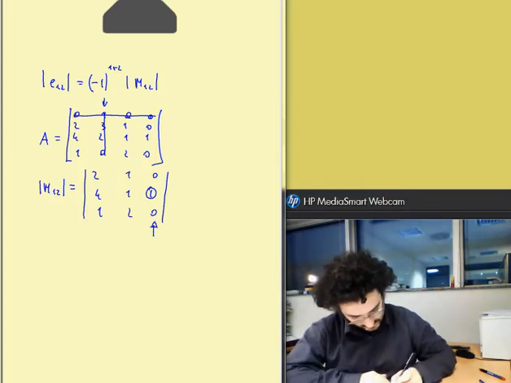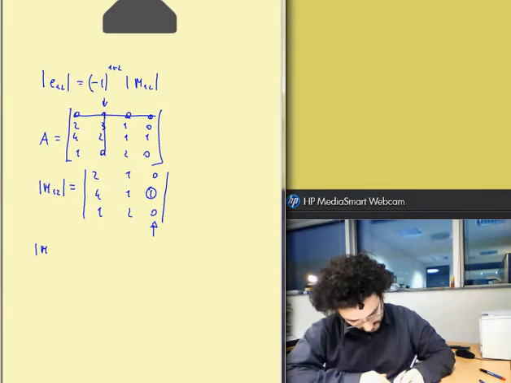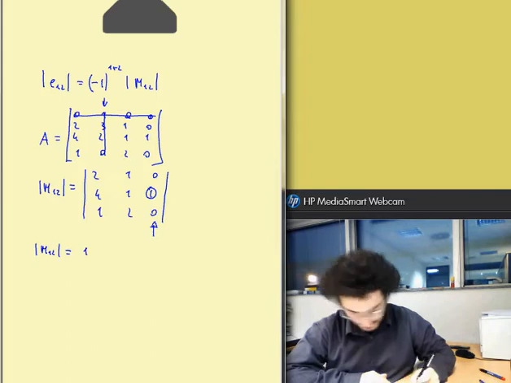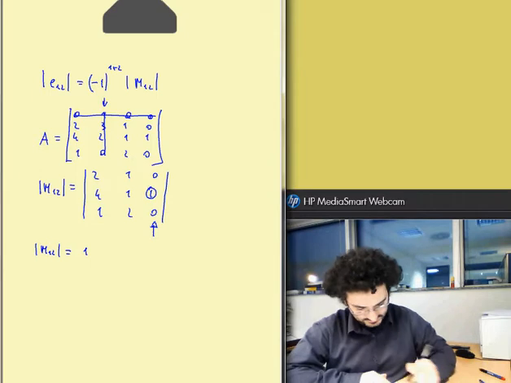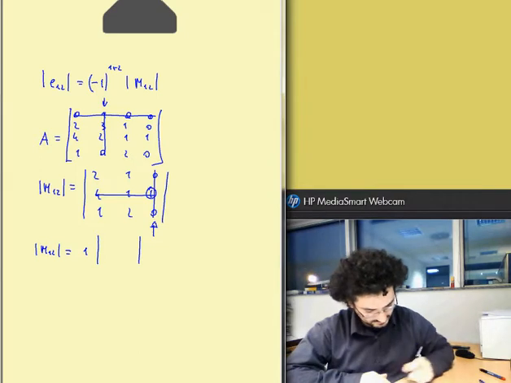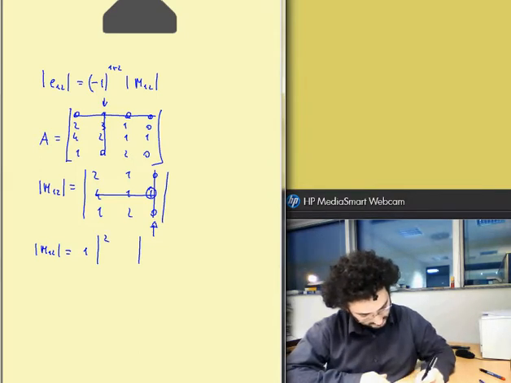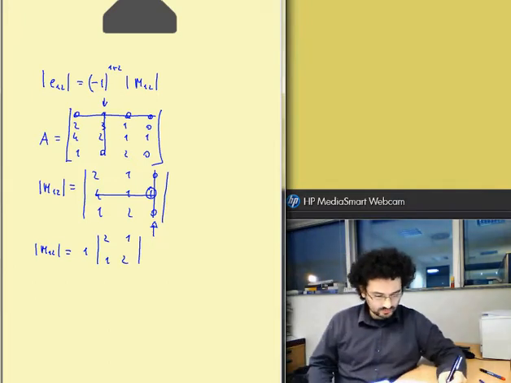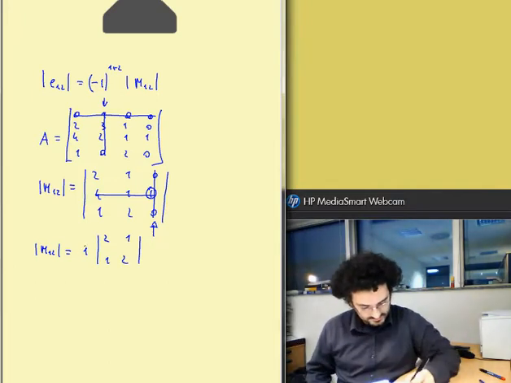So in this case we have determinant of M12 equal to 1, which multiplies the minor of this element. But the minor of this element is a 2 by 2 matrix we can get by deleting the row and the column of this element. So we have the determinant of 2, 1, 1, 2, but we need to consider also the position of this element.